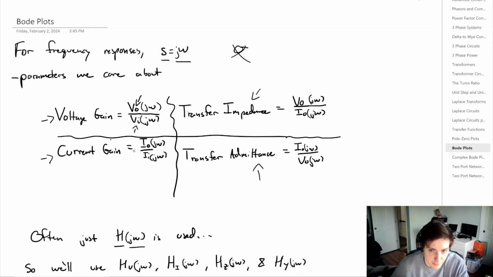That's a little bit inconvenient, but that seems to be the way that textbooks prefer to do it. But just for clarity, we're going to define the subscripts V, I, Z, and Y. That's going to represent the voltage gain, current gain, transfer impedance, or transfer admittance.